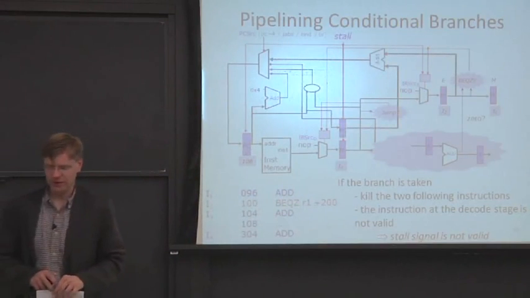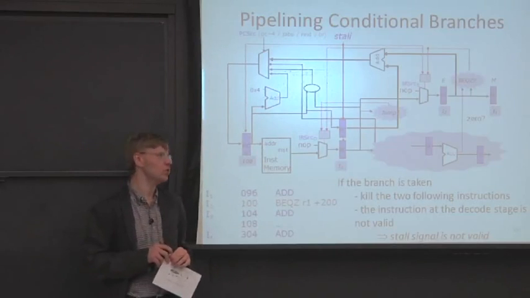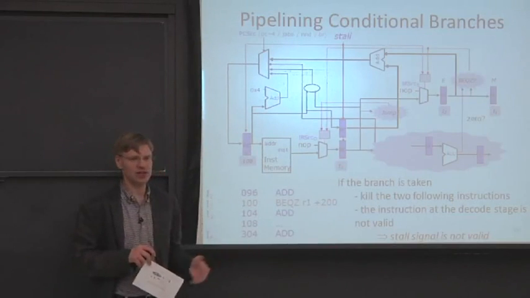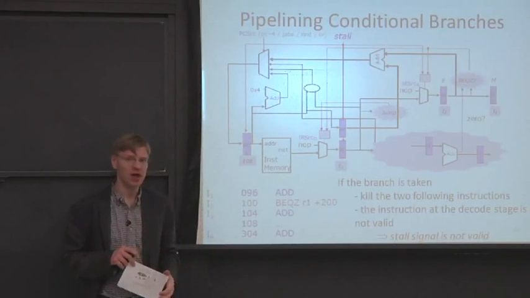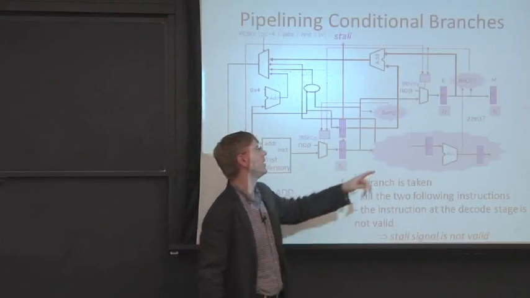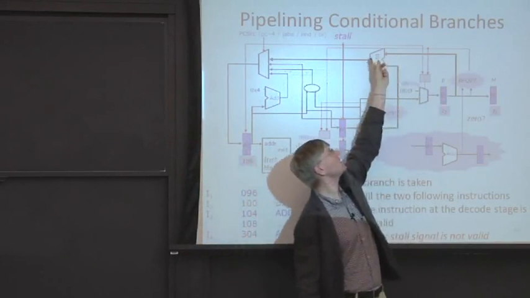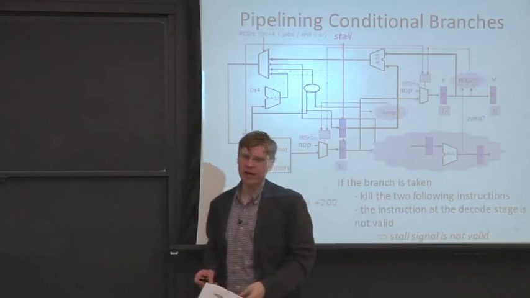The other thing that's important here for branches is we need to figure out the address that we're actually branching to. And we'll talk about this more when we get to branch prediction later in the course. But what you're going to have to do is take the PC plus 4 and add it to the branch offset.